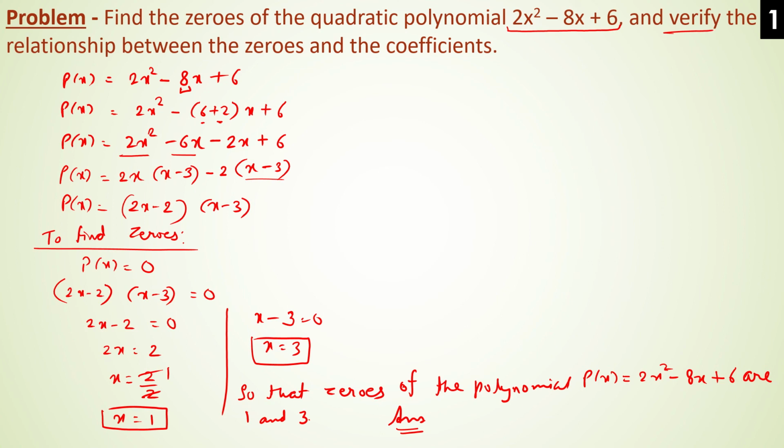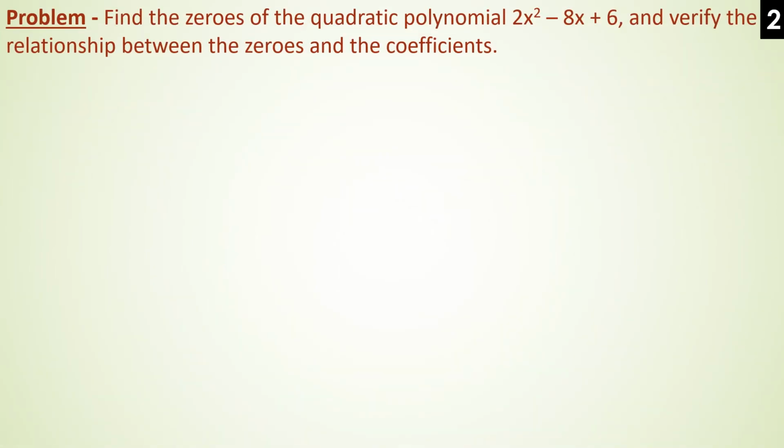In the second part, we have to verify the relationship between zeros and coefficients. So, we have the polynomial as 2x square minus 8x plus 6, and we have obtained zeros of the polynomial as 1 and 3.